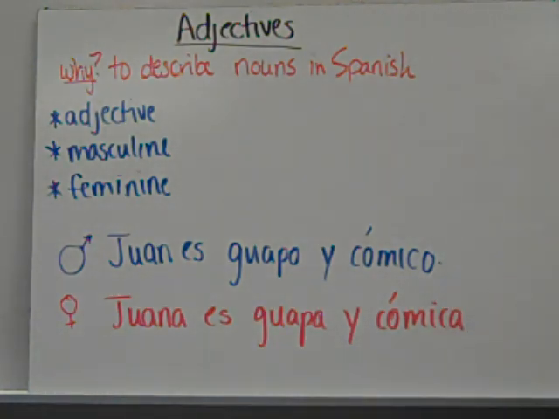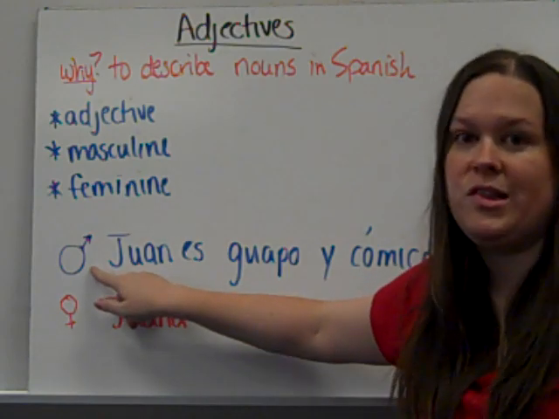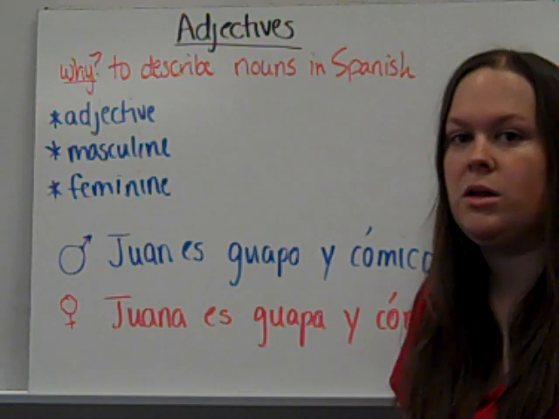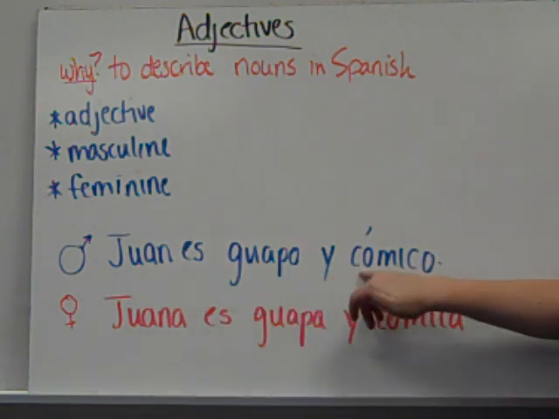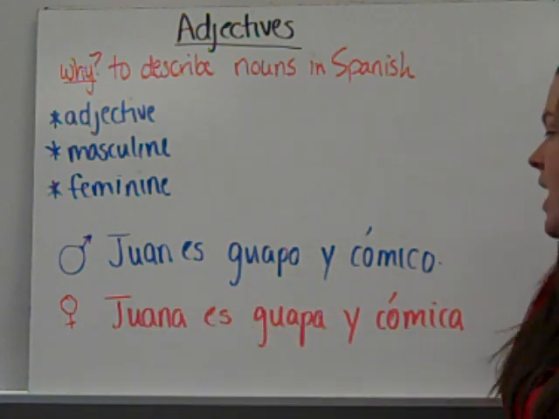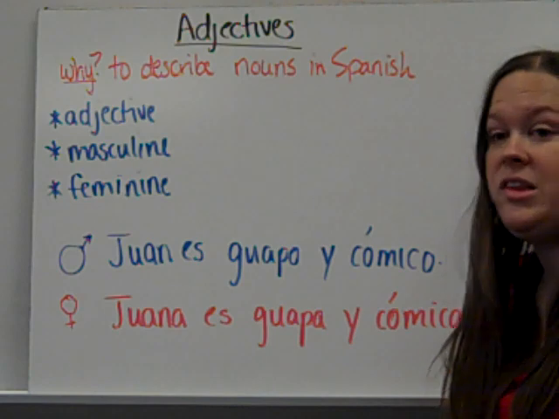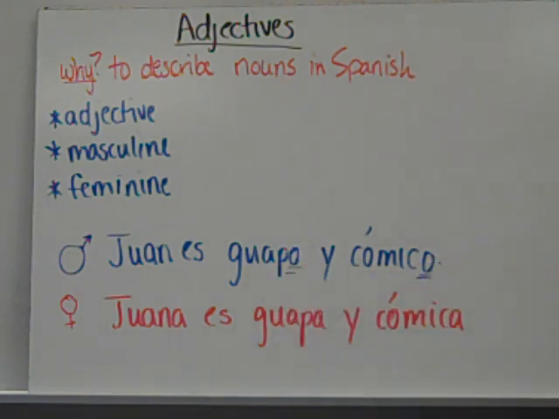We've got two sample sentences right here, and let's look at them. So this is the sign, by the way, for masculine, and this is the sign for feminine, and it's also color-coded. So, Juan es guapo y cómico. Now, right away, you know it's one guy, and so the words need to be masculine. The adjectives are going to end in O's.